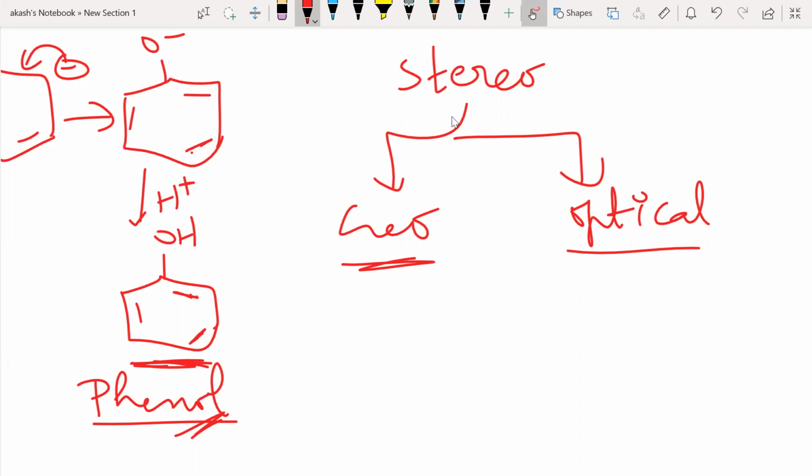Two or more compounds having the same molecular formula but different structures or different orientations of atoms. Absolutely true. If you stop at molecular formula but different structure, then you're talking only about structural isomerism. But if you include the other statement, different orientations of atoms in 3D space, then only you can account for stereoisomerism.